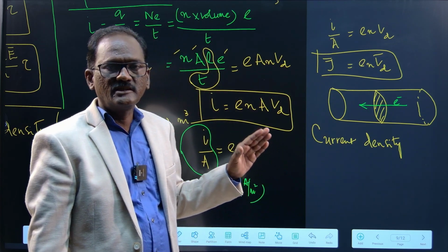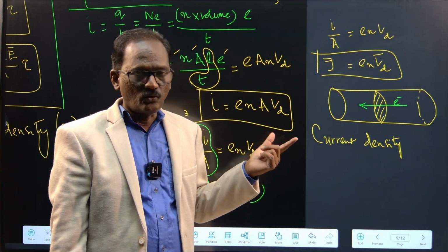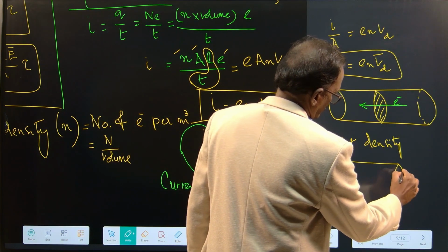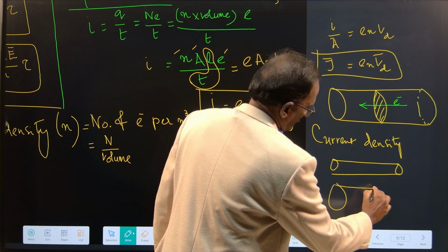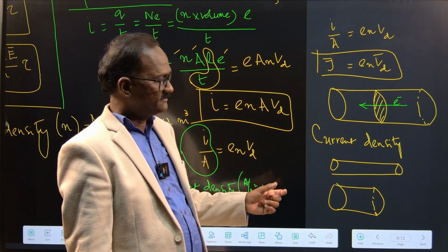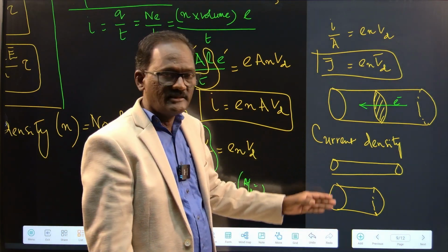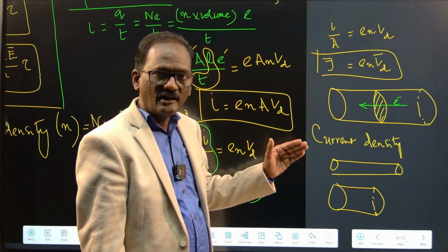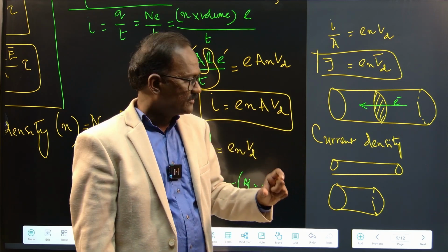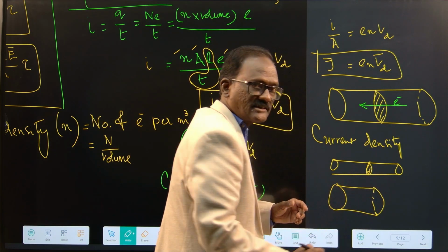What is the use of studying this quantity? Let me take two conductors with the same current value, I is same. So the number of free electrons is also the same. All the free electrons have to pass through this cross-sectional area.